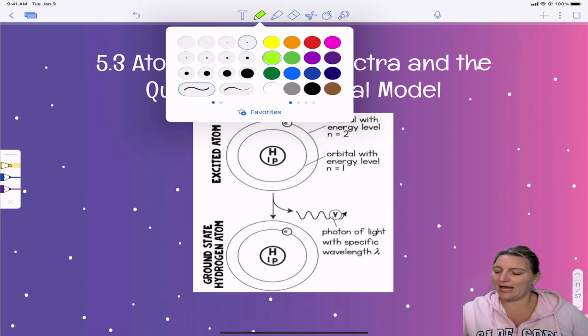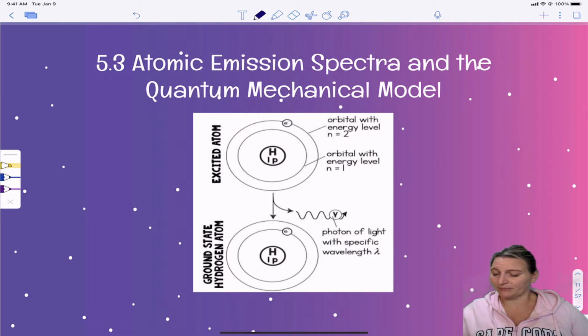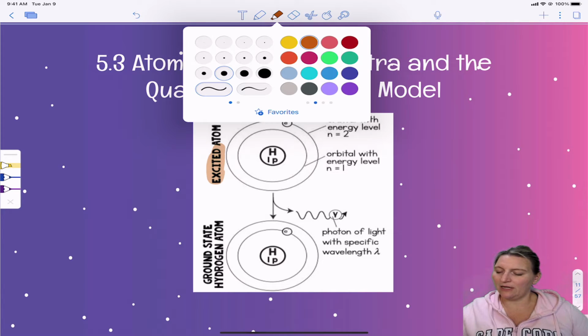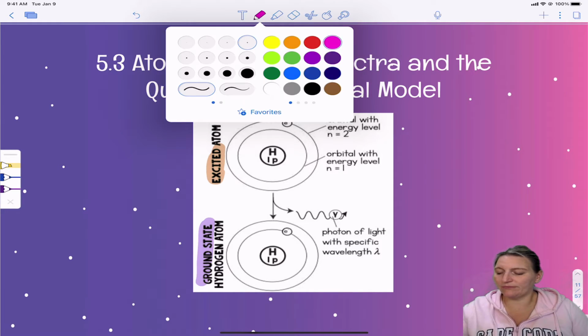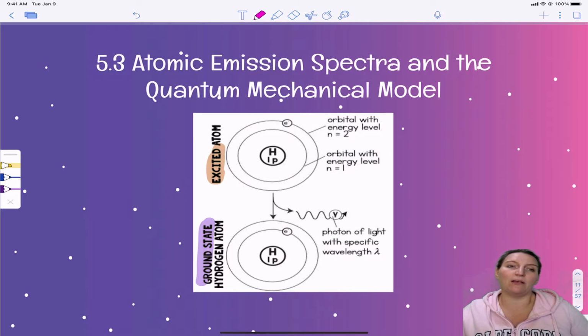So the idea is that we have two different types of atoms here. This is called excited, and down here, ground state. Ground state is how an electron or an atom typically is when we're not pumping it full of electricity or putting it in a flame.